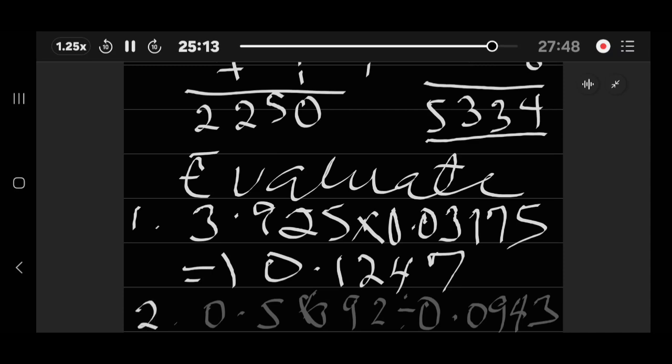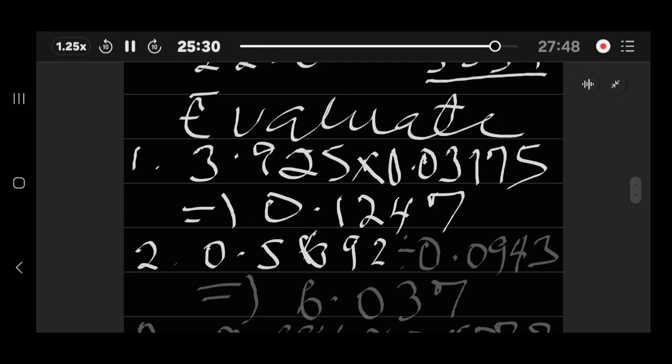Question number 2. Evaluate 0.5692 divided by 0.0943. If your work is correct, the answer you obtain will be 6.037.